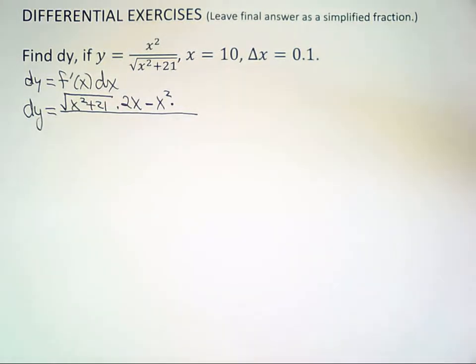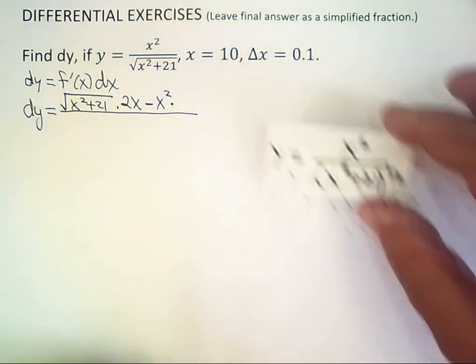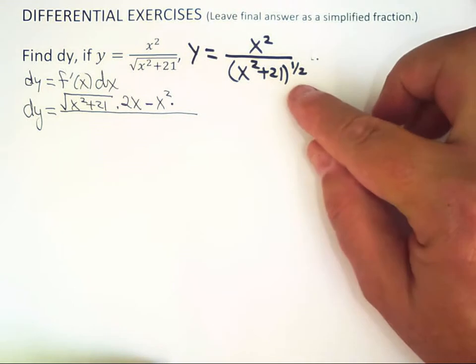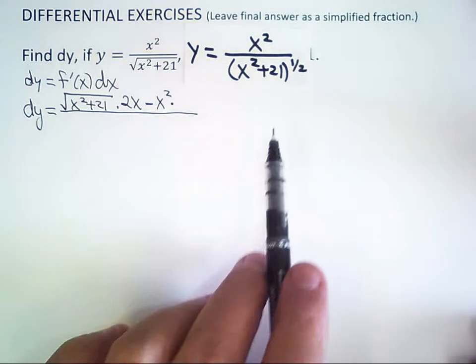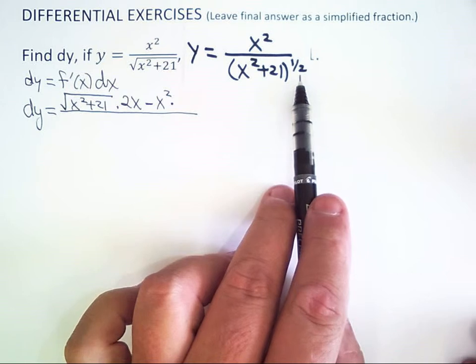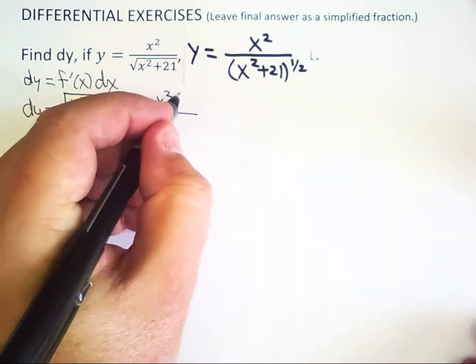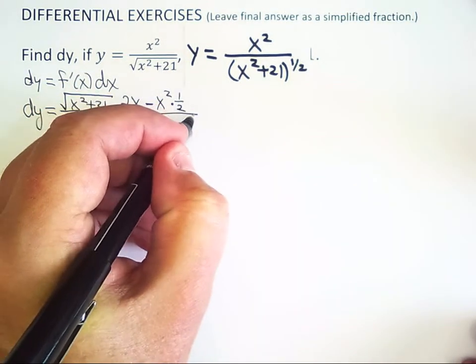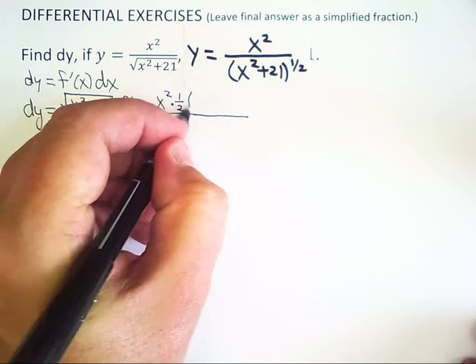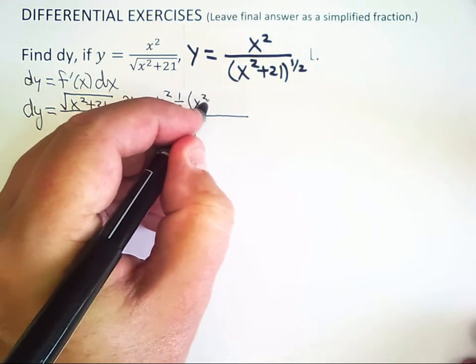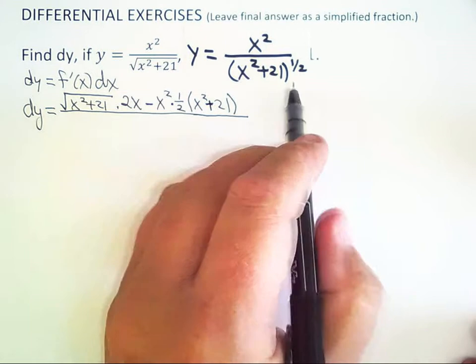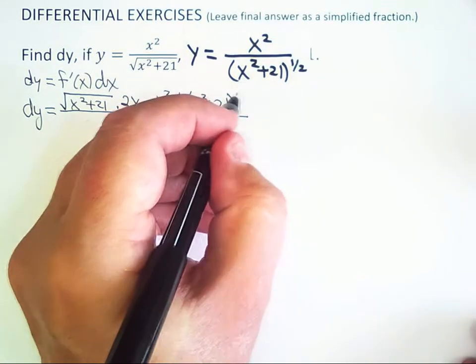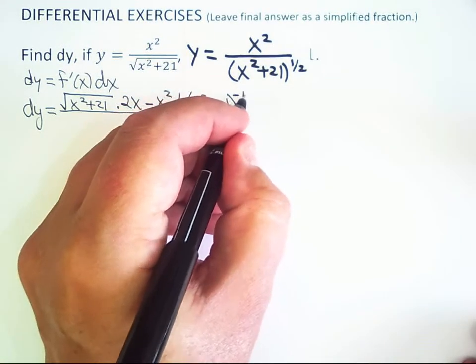And I'm hoping you can do a lot of this without writing things out explicitly now if you've had enough experience. But just to remind you, that square root in the denominator is really a 1/2 power. So the derivative is going to be 1/2 times 1, which is 1/2. Write the base down, x squared plus 21, and subtract 1 from the exponent. 1/2 minus 1 is negative 1/2.